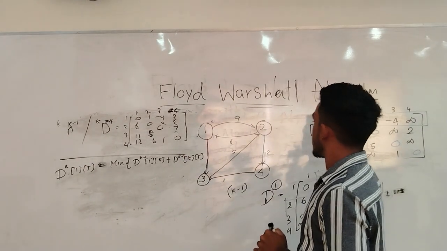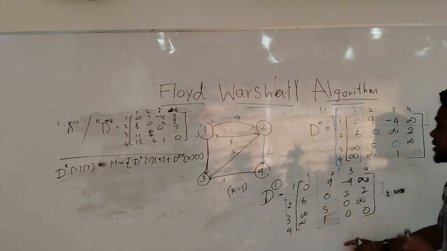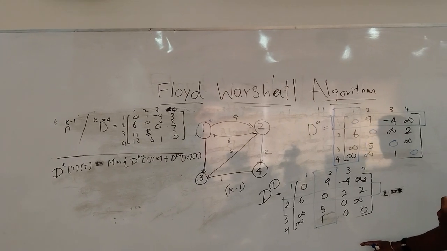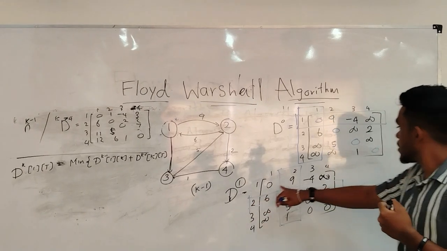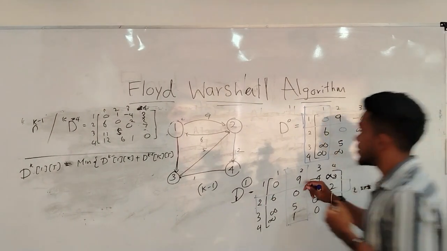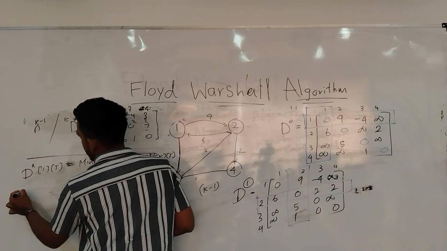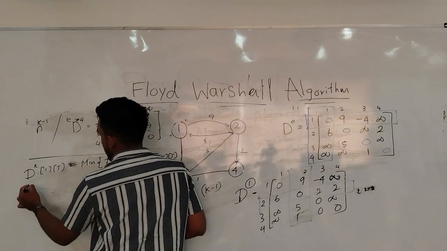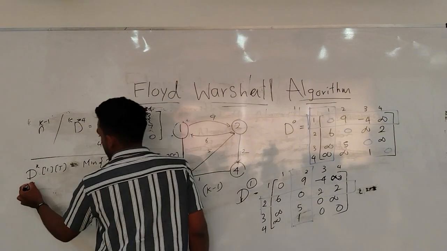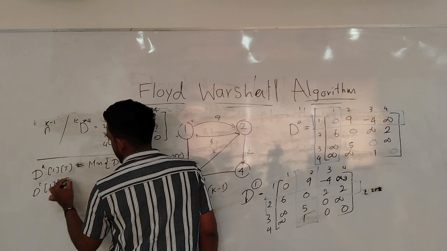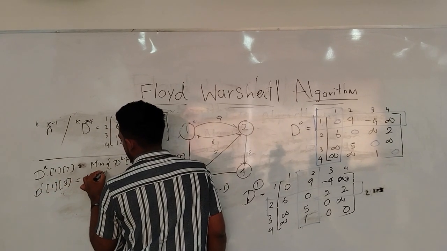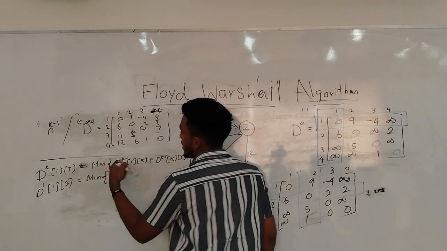As an example, if we need to find d1 1 and 3: d1, i is 1, j is 3, equals the minimum of d k minus 1.